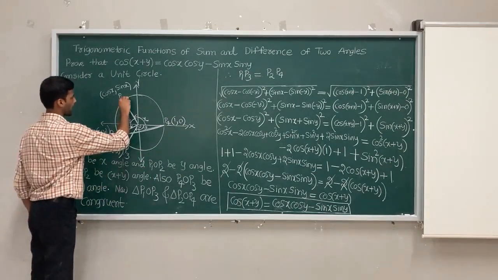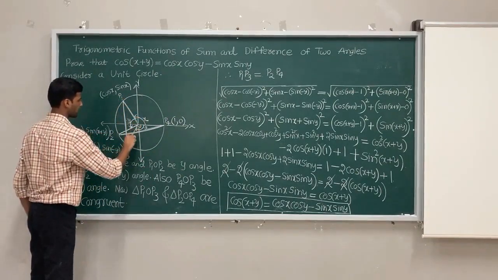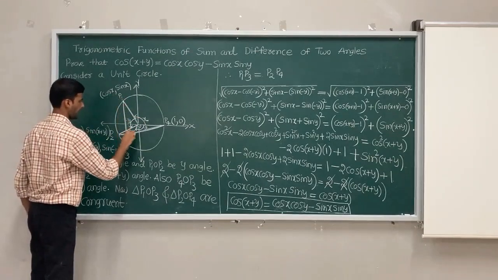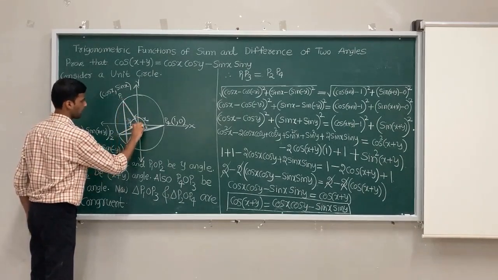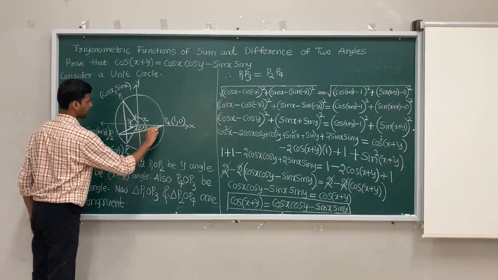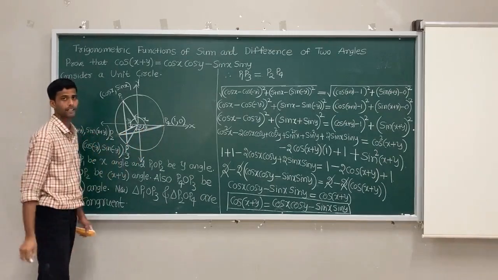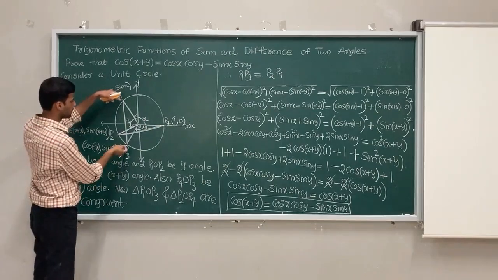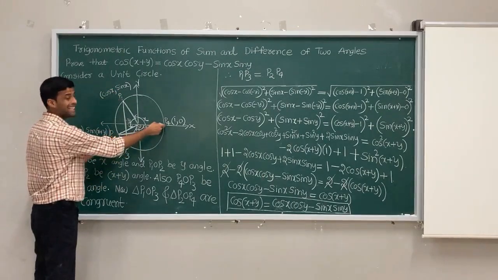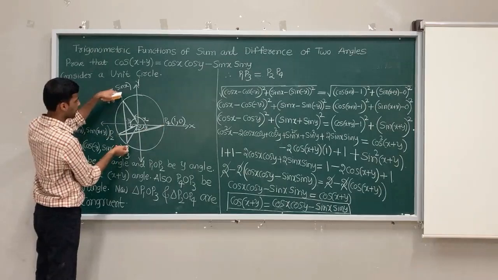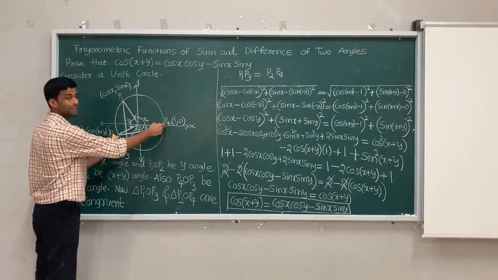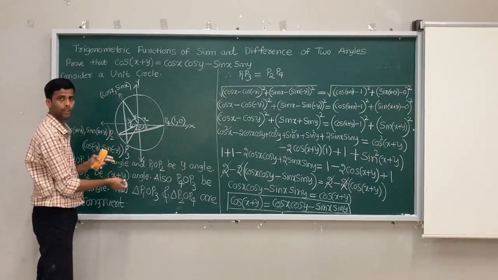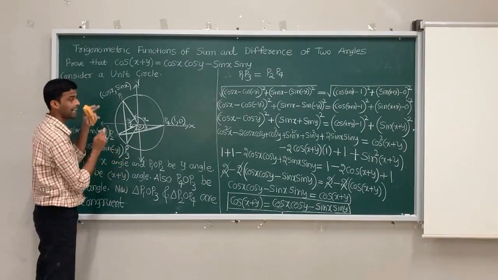Now I got two triangles, P1 O P3 and P2 O P4. They are congruent. I repeated many times, congruent means same shape, same size. So let me take two sides, P1 P3 of the first triangle and P2 P4 of the second triangle. As they are congruent, we all know their lengths are the same.